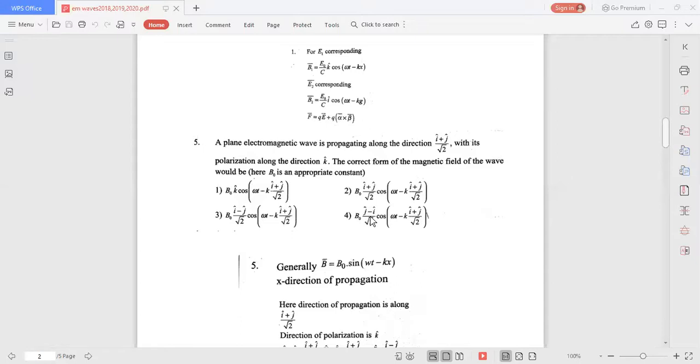A plane electromagnetic wave is propagating along the direction I cap plus j cap by root 2 with its polarization along the direction k cap. The correct form of the magnetic field of the wave would be dash. Okay, all of you look at the board now.